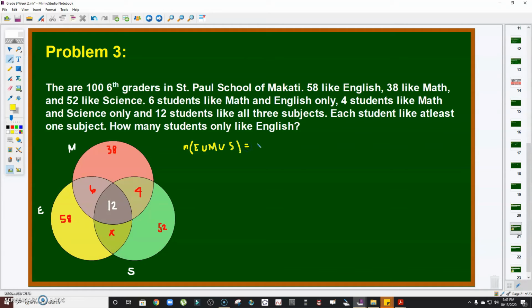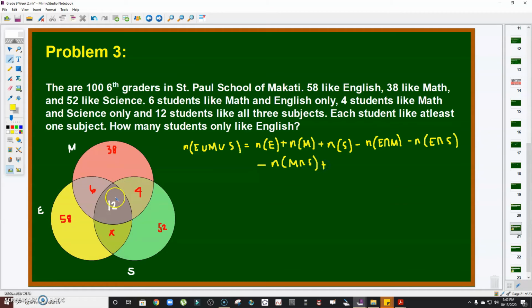So that's equivalent to the number of elements in set E for English, plus the number of elements in set M for Math, plus the number of elements in set S for Science, minus the number of elements in the intersection of English and Math, minus the number of elements in the intersection of English and Science, minus the number of elements in the intersection of Math and Science.